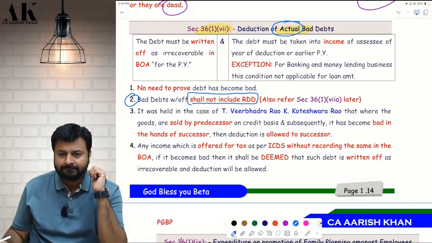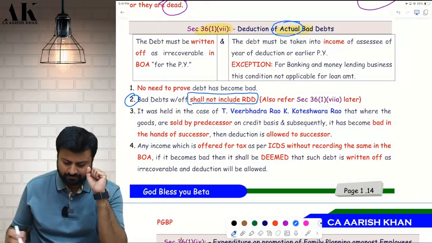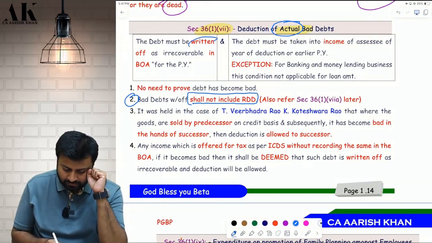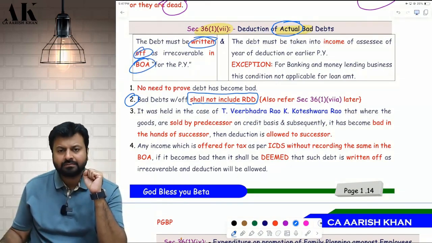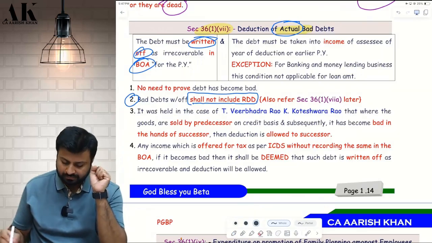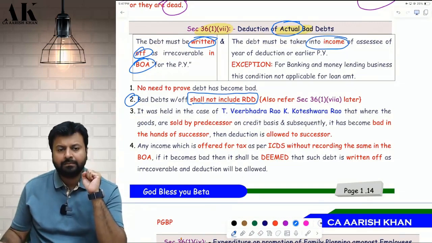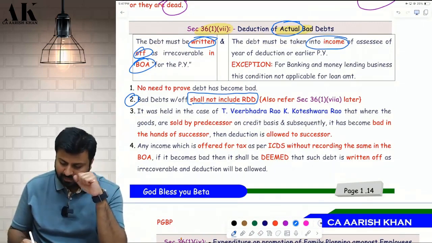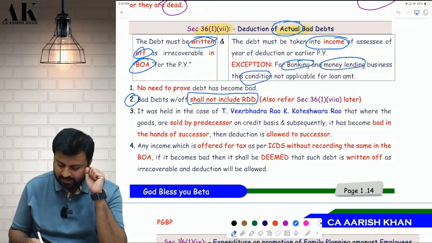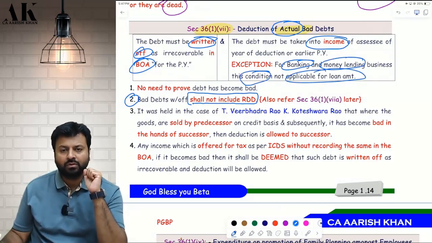Reserve for doubtful debts are not allowed over here. Second, you have to write off the debt in the books of accounts. Third, the debt must be taken into income. Fourth, for banking and money lending businesses, this condition is not applicable for loan amount. Okay. Understood or not?